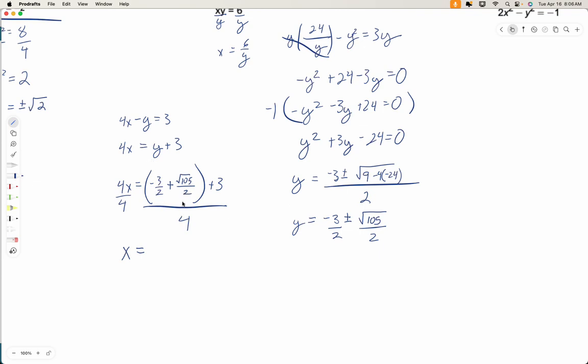So I'll keep all of this and then I will flip it and say times 4 over 1. Is that right? No, because this would be 4 over 1, so it'd be times 1 over 4. So then I would say 1/4 times each one of these. I'm just going to do it the long way and show you.